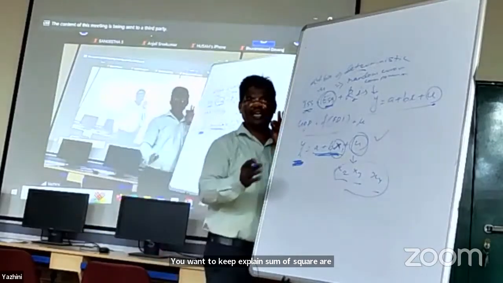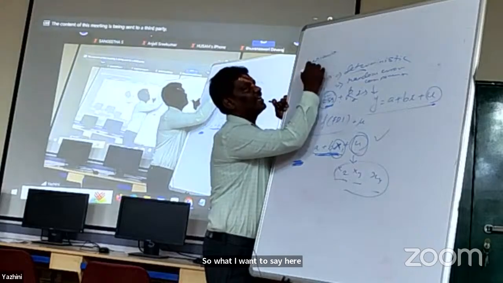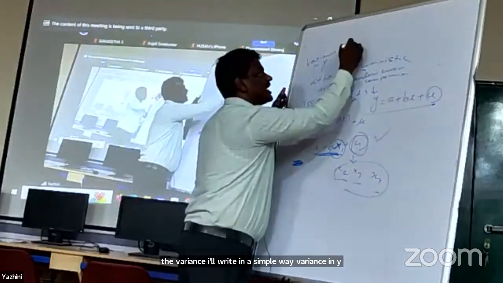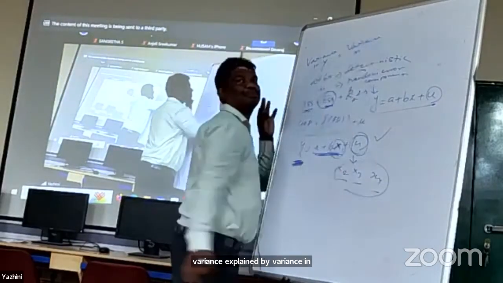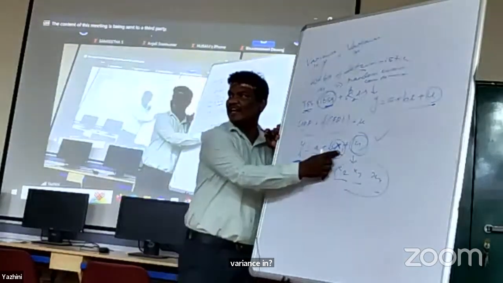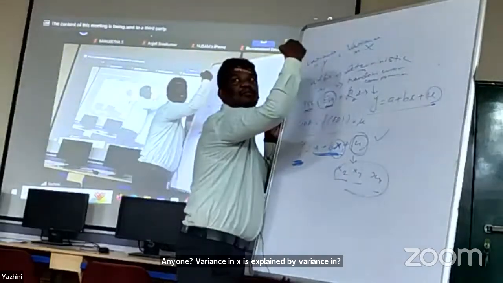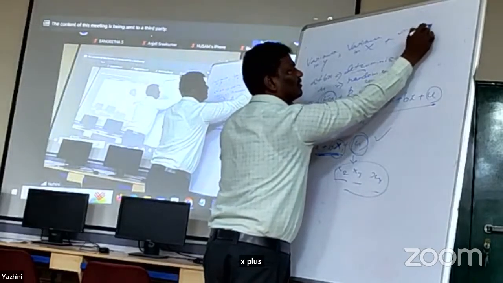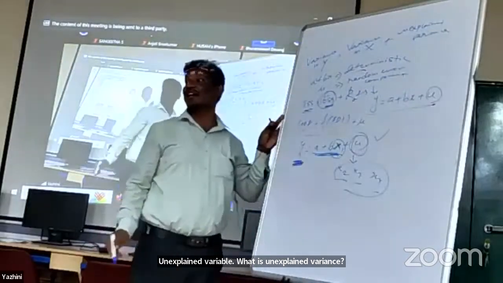So what I want to say here, the variance, I'll write in a simple way. Variance in Y is explained by variance in X plus unexplained variance. What is unexplained variance? Anyone? Very good. The error.